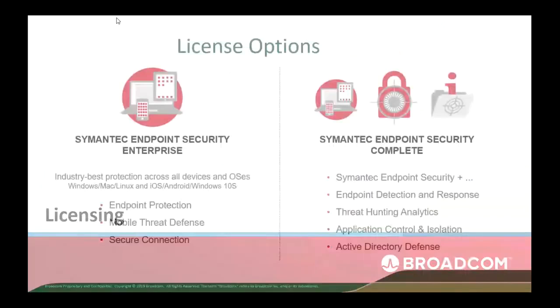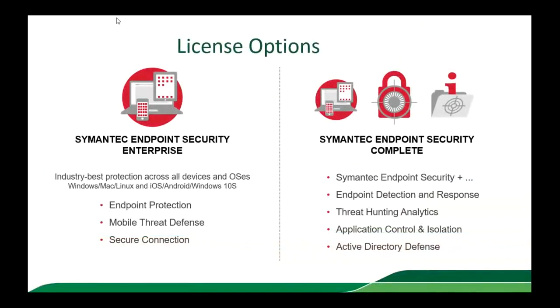Now, I talked about our licensing model. You can have a normal SEP, which is Symantec Endpoint Protection, just the endpoint protection on its own. Then we can sell what you call SES. SES comes with endpoint protection, mobile threat defense, and secure connection, what I call smart VPN.